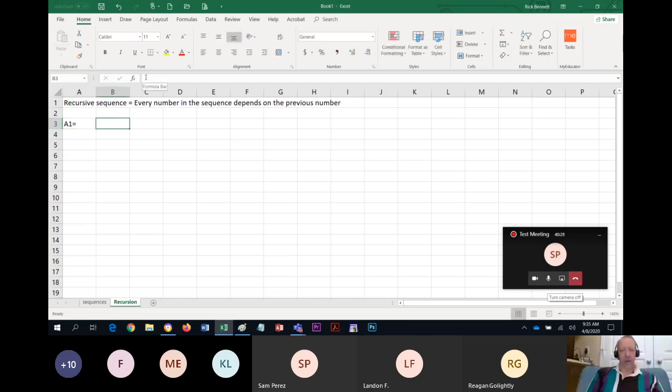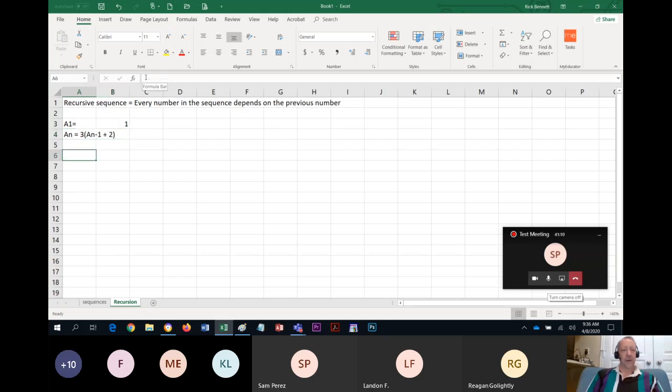So a sub 1, let's say that equals 1, and then a sub n equals 3 times, I need some subscripts, okay, it's 3 times a, and then pretend this is a subscript n minus 1, and then plus 2. Okay. So with a recursive sequence, I'm going to have to give you the first number always, and then I'll have to give you what the formula is.